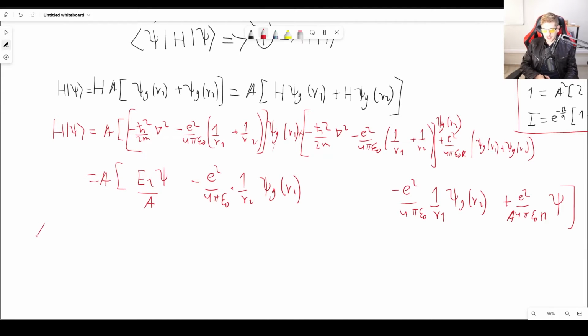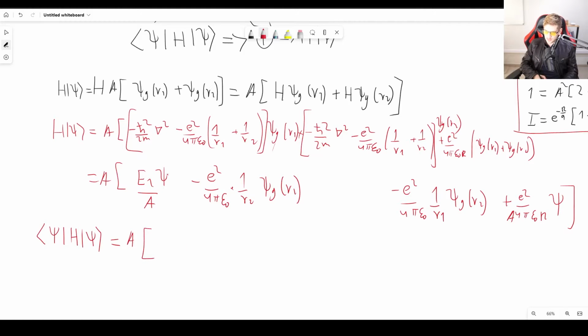So this is H times psi. Now let's add the bra psi. When we do that, we will get a squared in front. And then we have psi times all of this. Actually, let me not write it out explicitly just yet; I'm going to leave it like this.